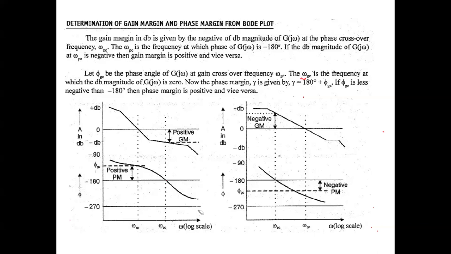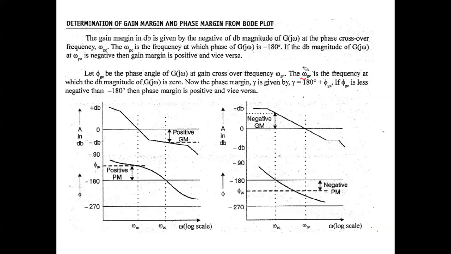Is it necessary to calculate everything? No, from the values of omega GC and omega PC you can tell. For example, if omega GC is 10 and omega PC is 100, then directly you can say we get a positive phase margin, so the system is stable. Clear? This is a very important parameter, gain margin and phase margin.